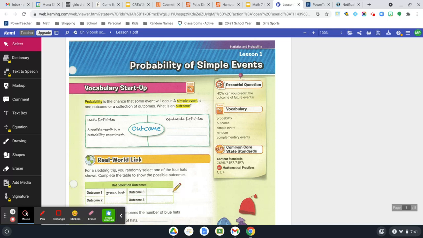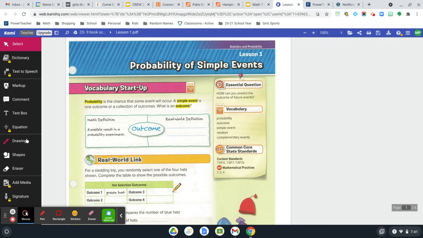Well, what's an outcome? What does that mean? So when you look at the box, the math definition for an outcome is a possible result in a probability experiment. Makes sense, right? And then if we think about in the real world, how can you put that in your own words? What does that mean?